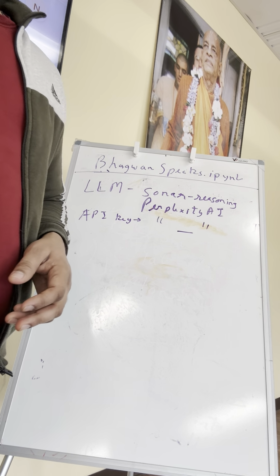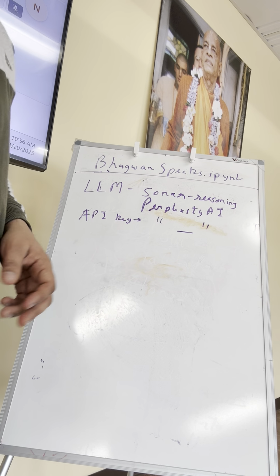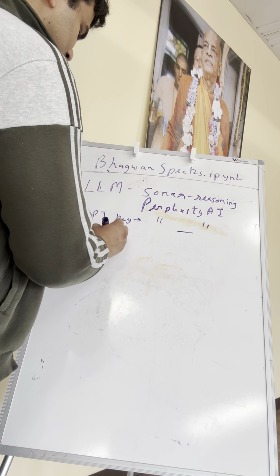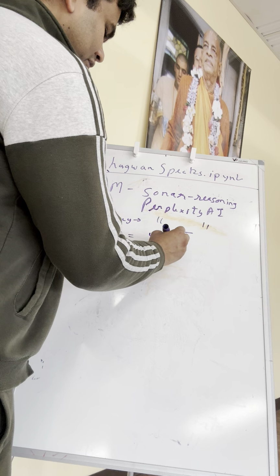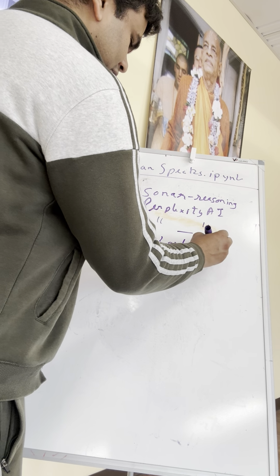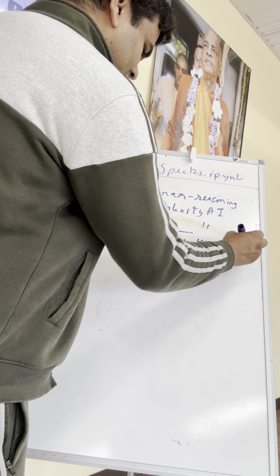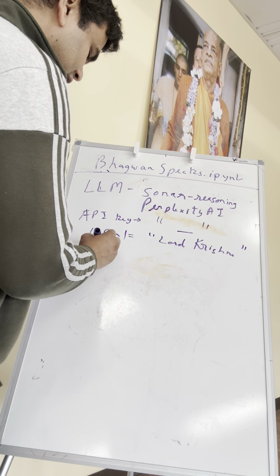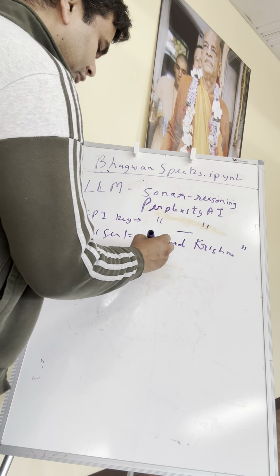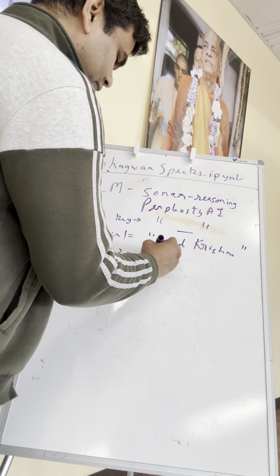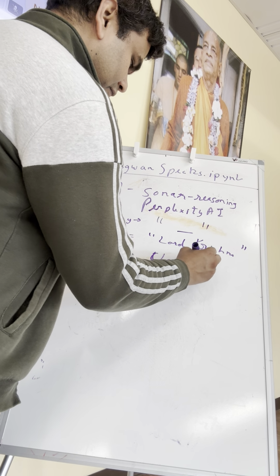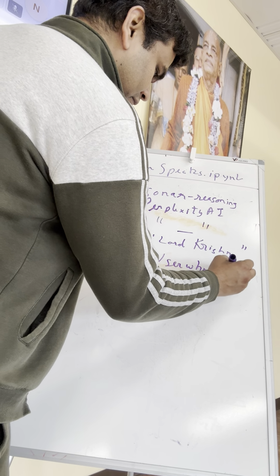So what I'm doing is, user 1 you've defined as Lord Krishna, and user 2 is you, or whoever is chatting. We can change the name to my name.